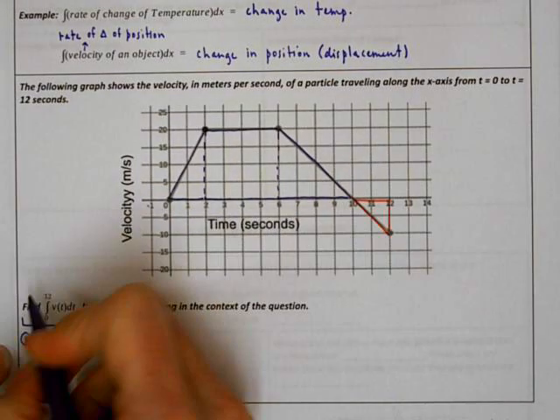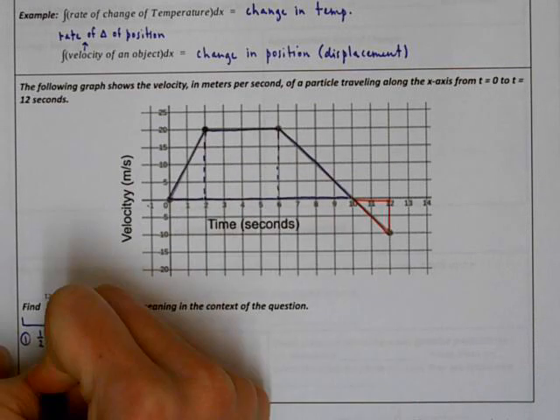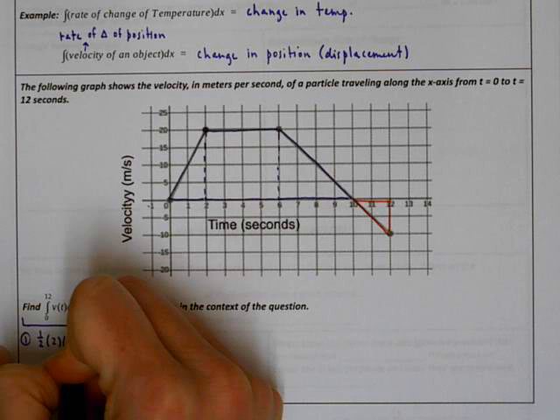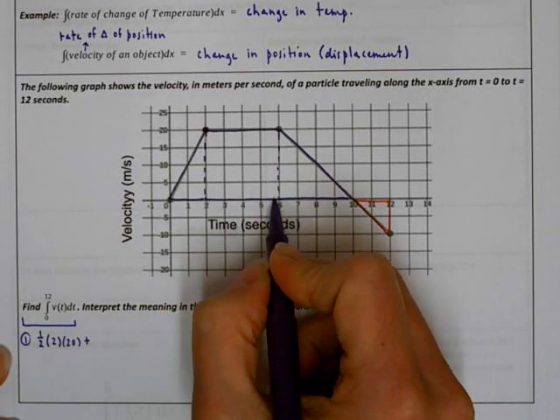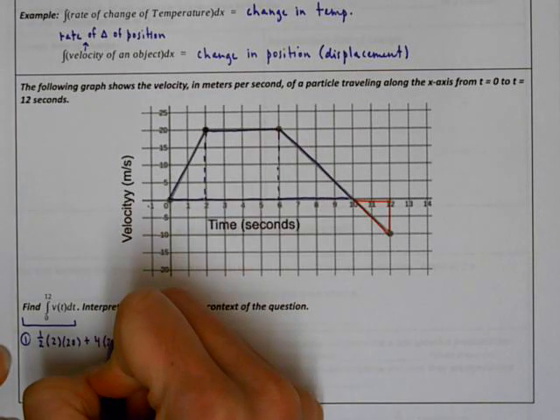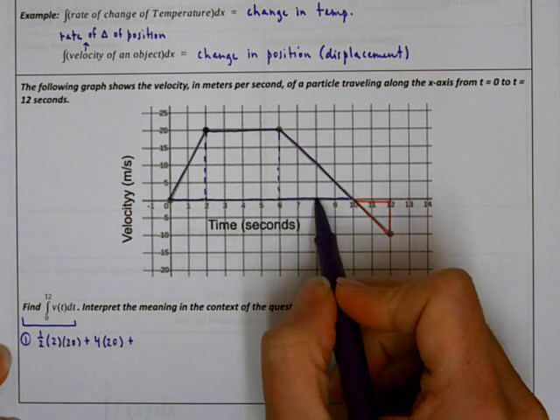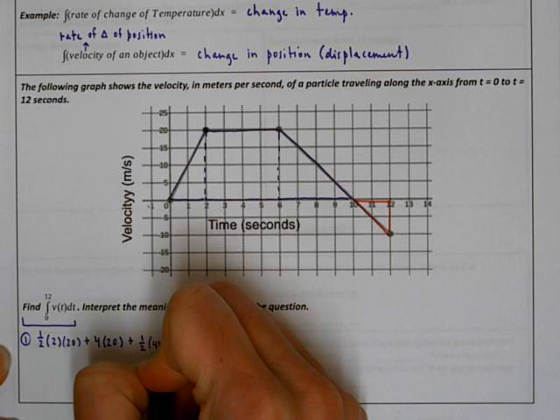So let's say if I did it this way, I would have 1/2, the base is 2, and the height, it looks like, is 20. Plus, I have my rectangle, the base is 4, the height is 20. And then I have my other triangle, base of that one is 4, so 1/2 times 4 times 20.